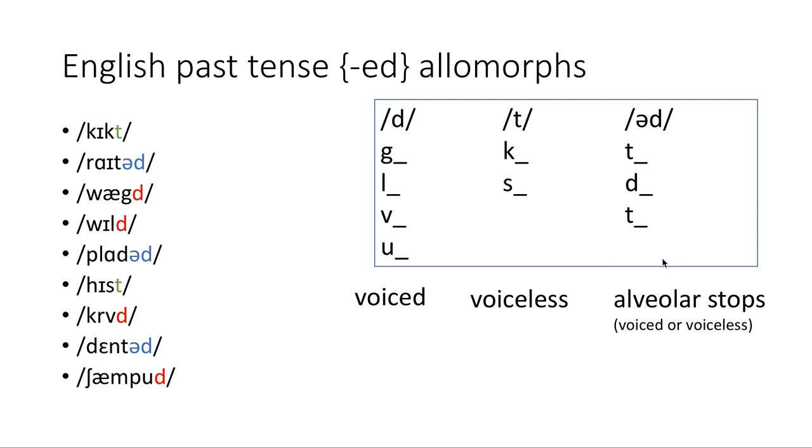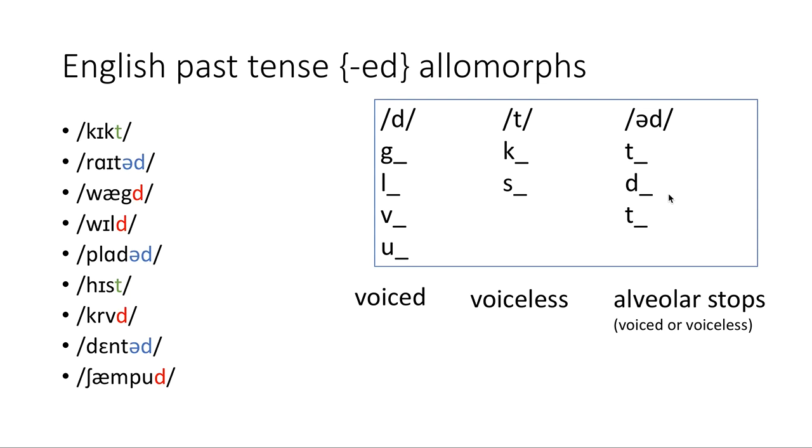We're dealing with a subclass of stops, specifically the alveolar stops. Now this makes sense because the suffix itself involves an alveolar consonant. So we are seeing a pattern here where anytime there's an alveolar stop, whether it's voiced or voiceless, you get the addition of this vowel and an extra syllable there, ud, right?